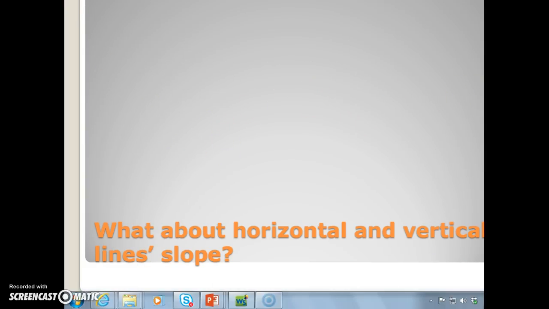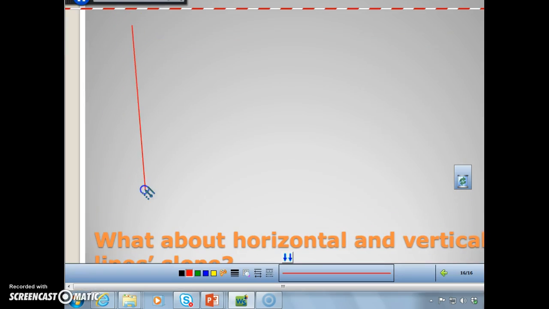Horizontal and vertical lines. Can we draw you a picture? So if we wanted to draw, let's say, a vertical line, and 1, 2, 3, 4, let's say that's at 5.